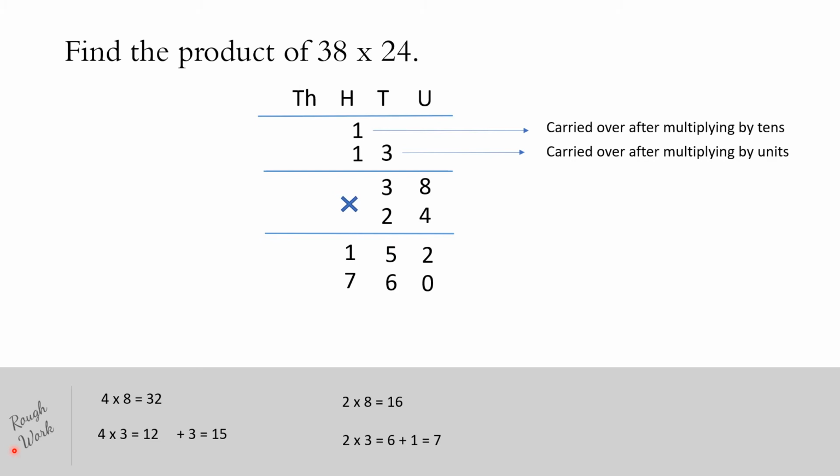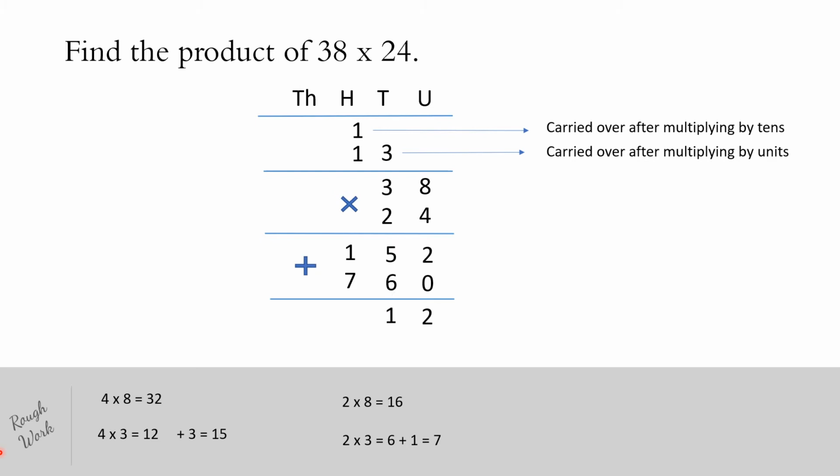So students, 38 multiplied by 2, we got the answer 760. Now we will add both products. So 152 plus 760. 2 plus 0, 0. 5 plus 6, 11.